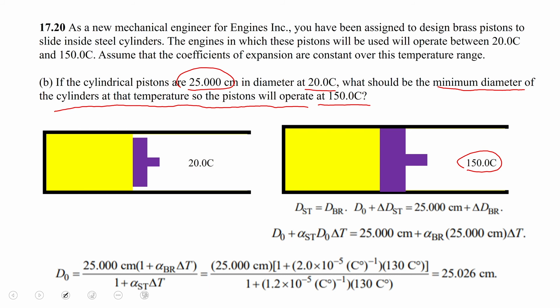Okay. So we know at 150, these two parts just fit perfectly. So we know the diameter of the cylinder made of steel should be equal to the diameter of the piston. And the diameter of the piston at 150 should be solved by the formula. So if we know the initial diameter of the brass, and let me erase this.